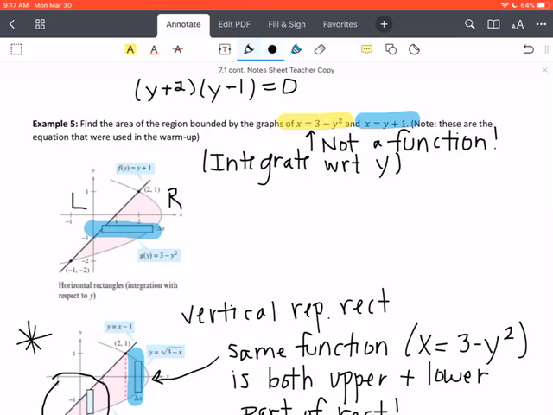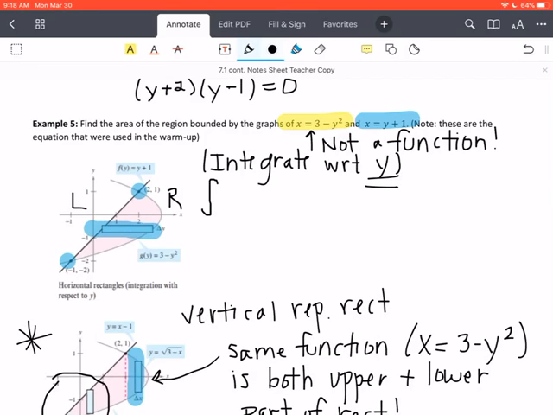At the bottom of your note sheet, you can see that we're going to go through key points in a second. What we're going to do is set up our integral, and we still want to pay close attention to these points of intersection. But when we integrate with respect to y, we are not looking at the x values where they intersect. We are looking at the y values where they intersect, which we did in the warm-up.